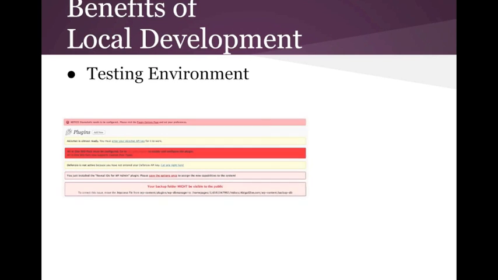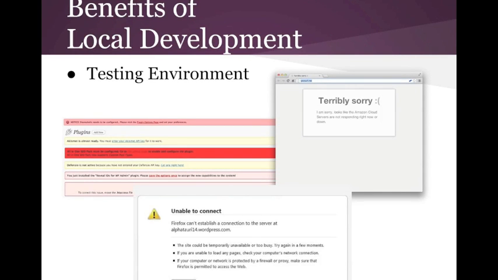So some of the benefits. The testing environment is something big, I think, for any programming, WordPress included. You can very easily change the PHP settings. Some of my clients at PR already have hosting accounts with some garbage host, and I can't change those.